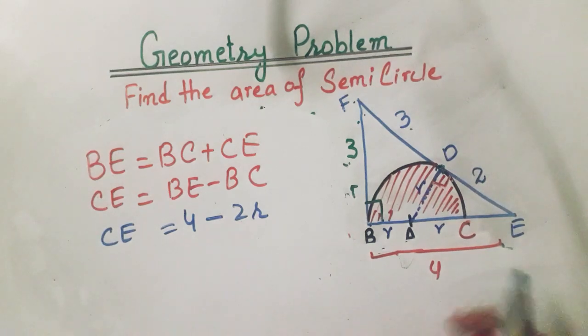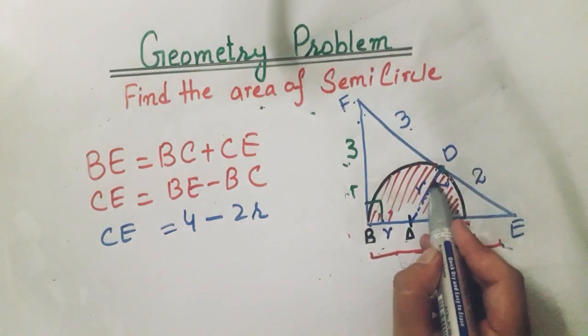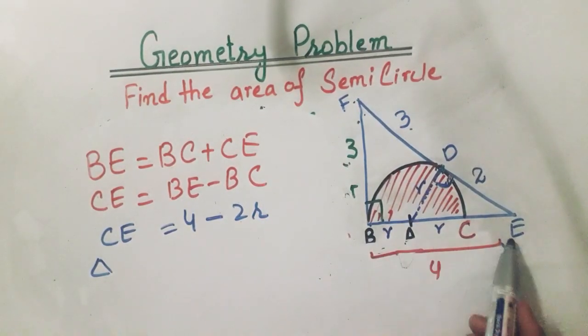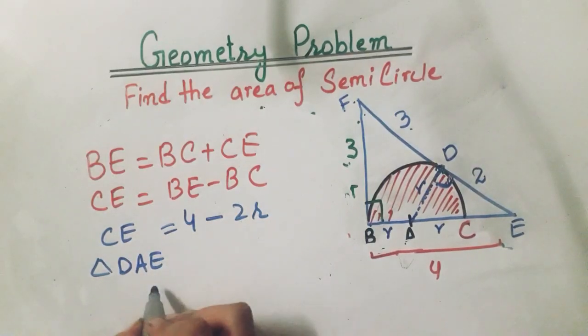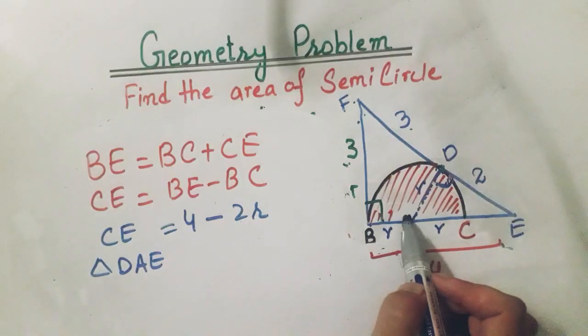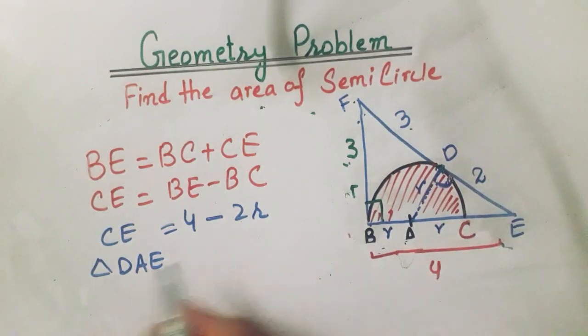Now when you take this right angle triangle, focus on right angle triangle DAE. You can see this is the base, this is the perpendicular, and this will be the hypotenuse.